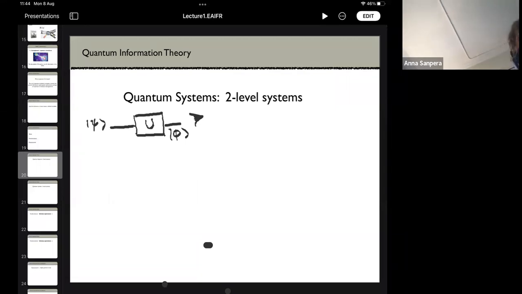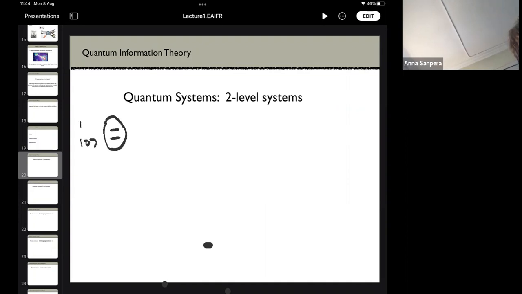Everything that we do, almost everything, in quantum computing and quantum communication is with qubits. So a qubit, as you can imagine, is just a system which has two levels, which I'm going to call 0 and 1.